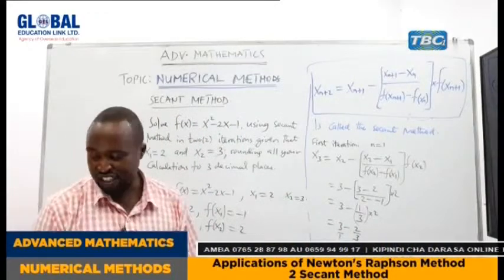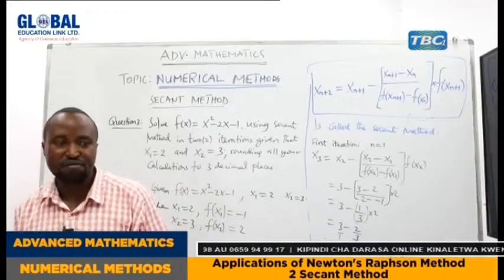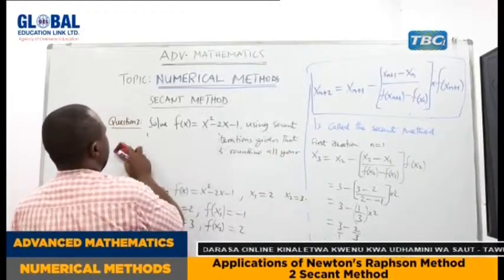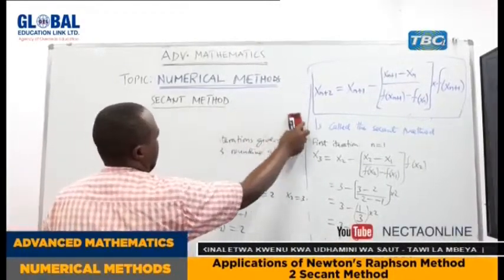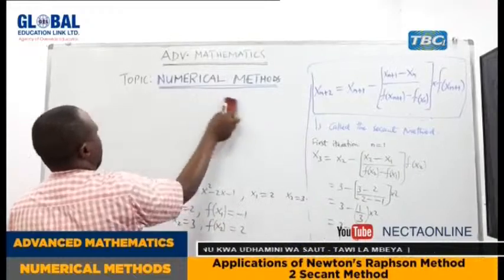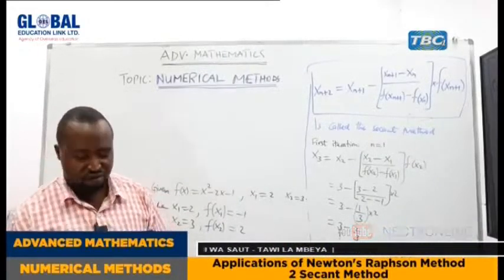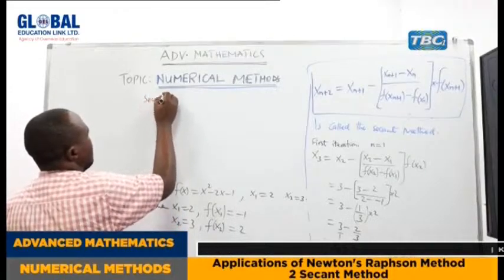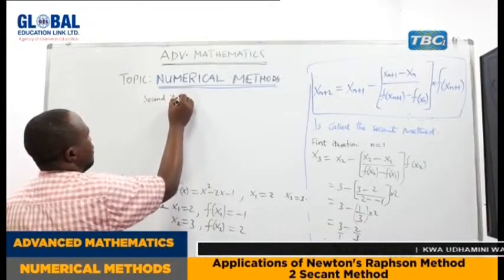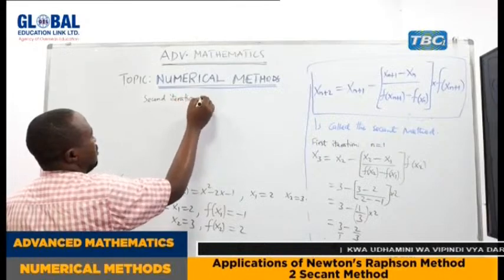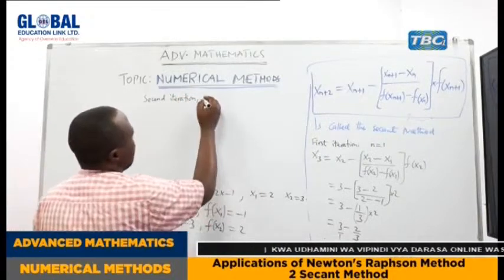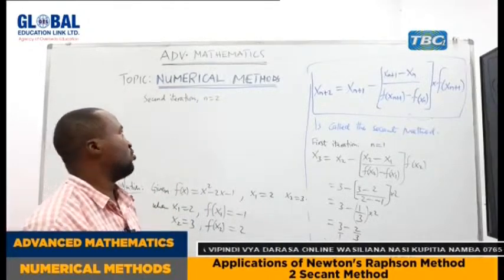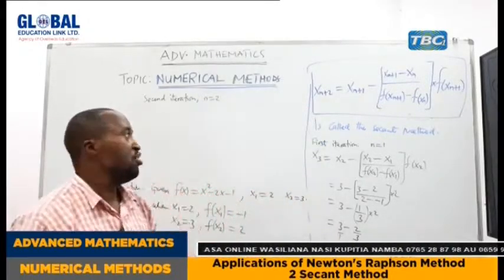Let us proceed to the second iteration. This time n is equal to 2. So we substitute the value of n in our general formula.